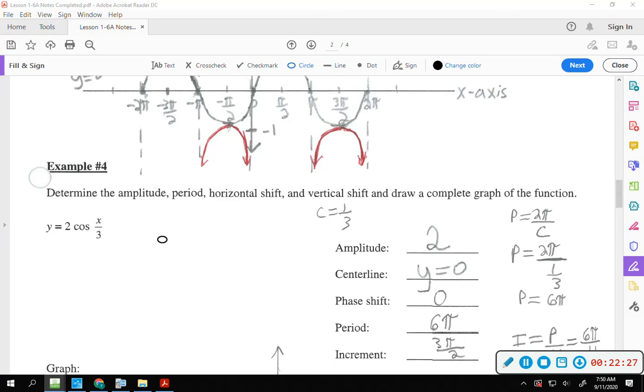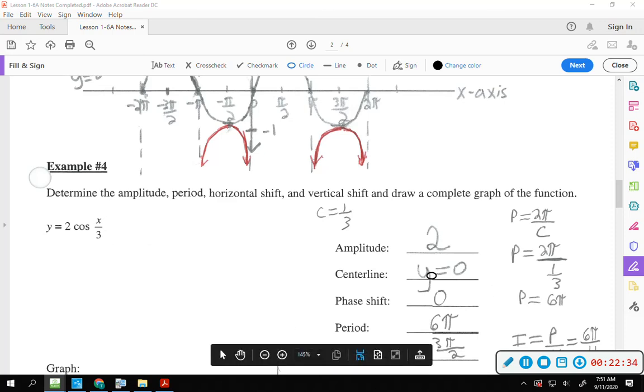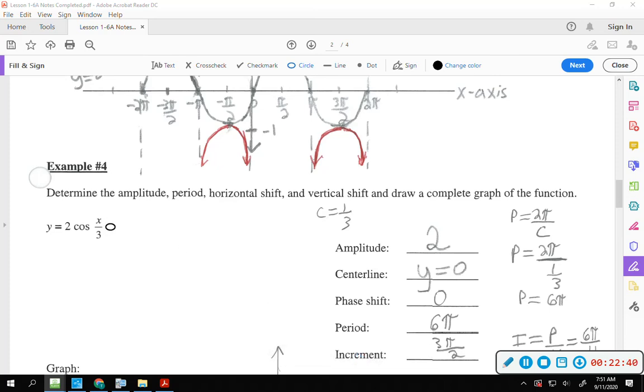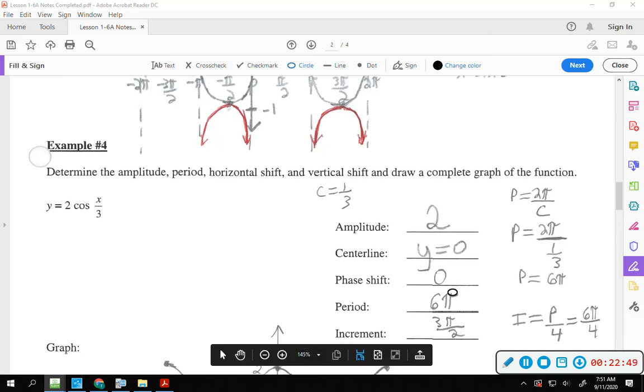The center line here is y equals 0. If this said minus 5 as a term added to this, then y equals negative 5 would be my center line. But I do not have a center line in this problem. The phase shift is 0 because I'm not adding or subtracting anything to the argument of x. So it's the standard phase shift.